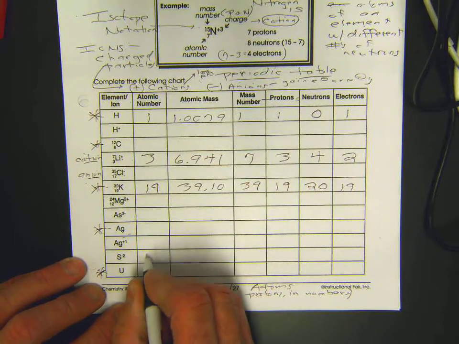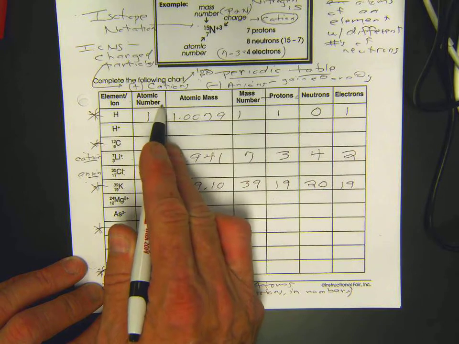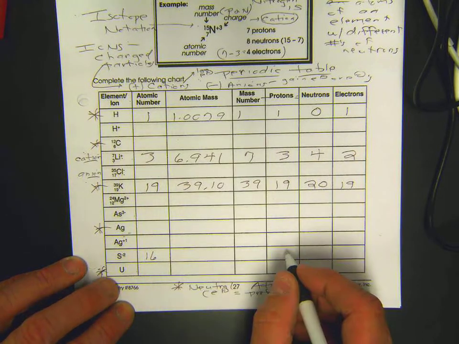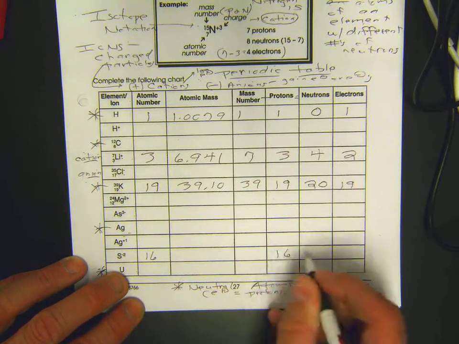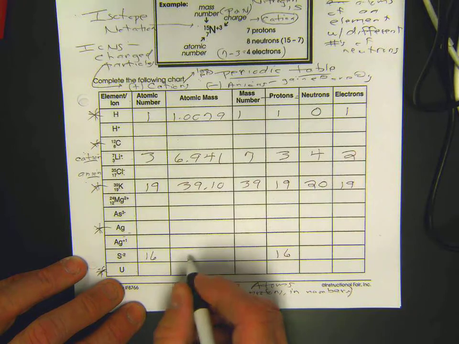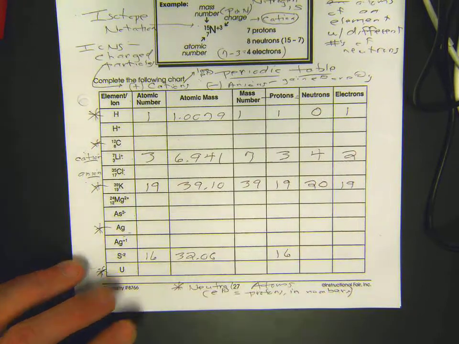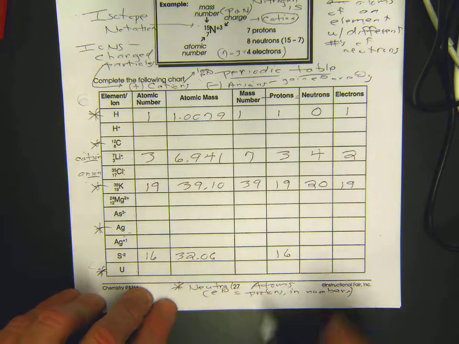All right, so let's try this. Sulfur would be 16. That's the atomic number. Remember, the atomic number and the number of protons is always the same. So let's go ahead and put this 16 in here. The atomic mass we just saw was 32.06. I'm going to round this atomic mass to the nearest whole number, which is 32.